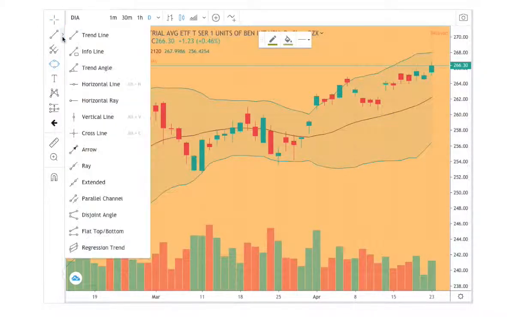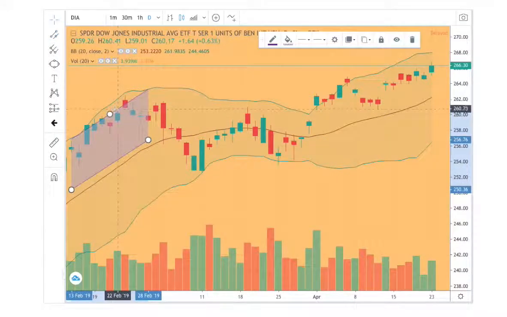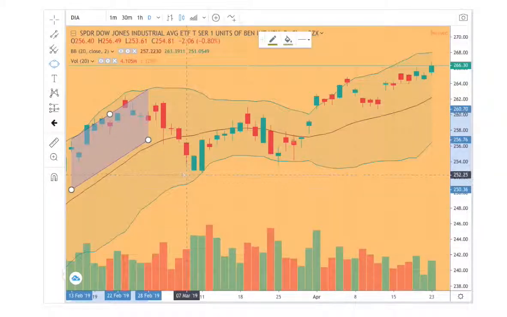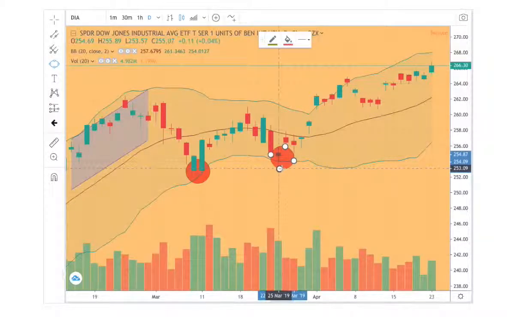So what we have here in the beginning of the trend is an upward trend that stays above the middle Bollinger Band. And then we have a dip touching the bottom Bollinger Band afterwards. And then we have another dip in here as well.